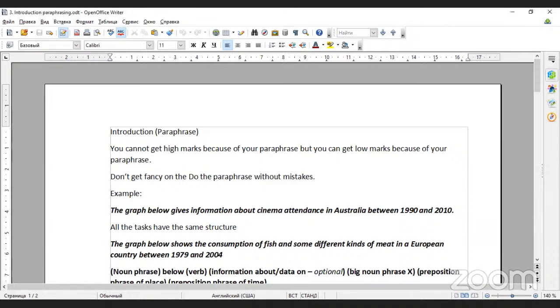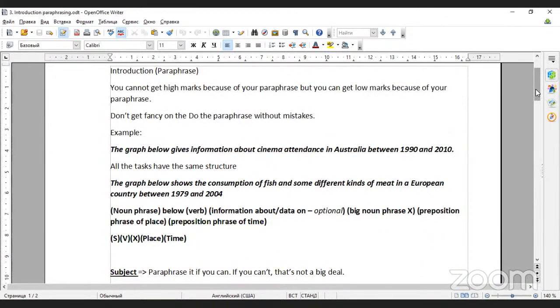So let's also talk about the introduction and how to paraphrase different elements of it, because the task in academic writing task 1 consists of several elements. So first, there is this noun, the graph, the bar chart, the pie chart, the process, the map, whatever. Below, we don't need it.